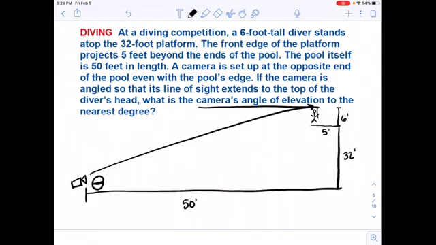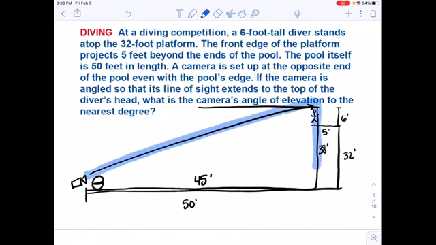We know that this is a total of 38 feet. And we know that the camera is actually only 45 feet in that direction. So now we have our triangle drawn.